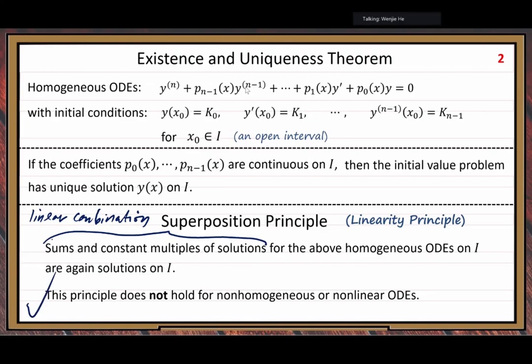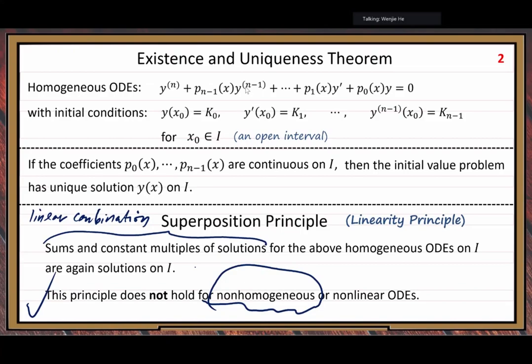Here we consider homogeneous. For nonlinear, we cannot do anything. But here, let's just consider non-homogeneous but linear. We consider that case.